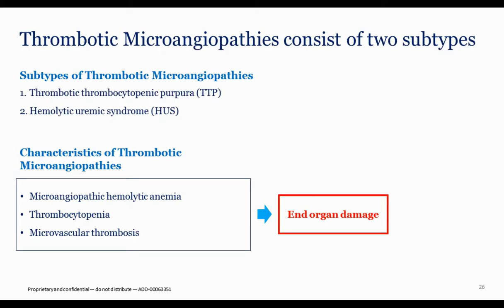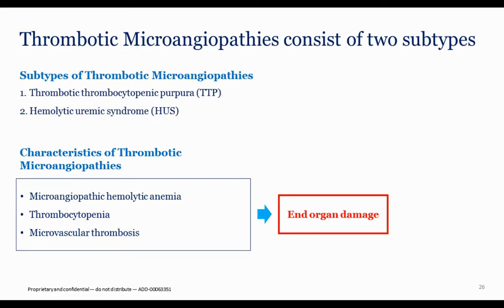Both of these conditions are really very, very similar, so it will become very important to differentiate between the two of these. The characteristics that we see in patients who present with these two syndromes would be a microangiopathic hemolytic anemia, thrombocytopenia, and microvascular thrombosis.